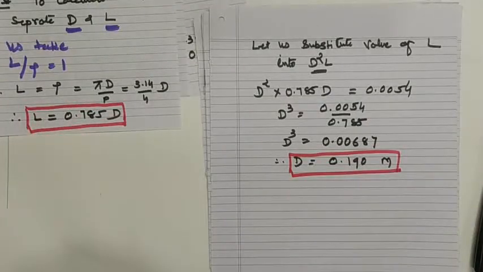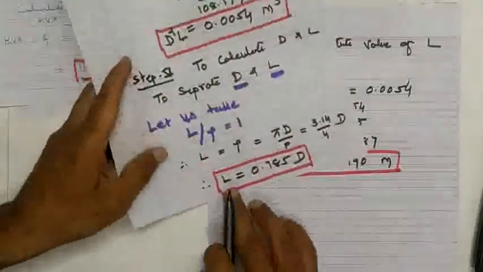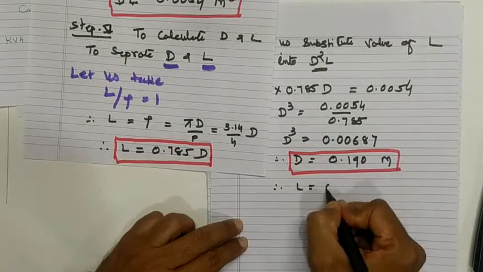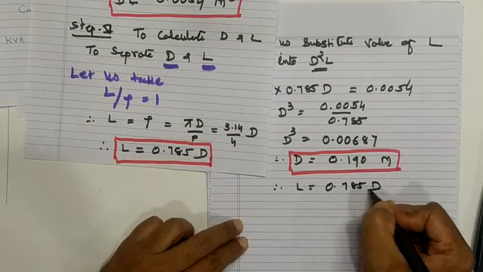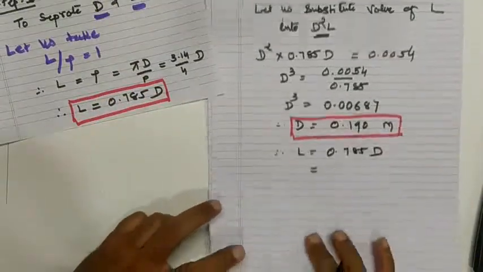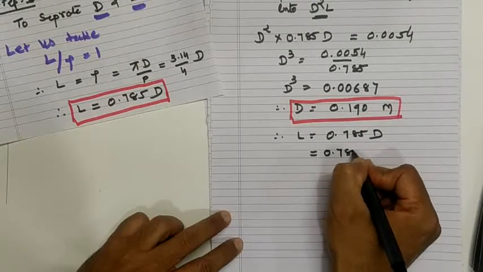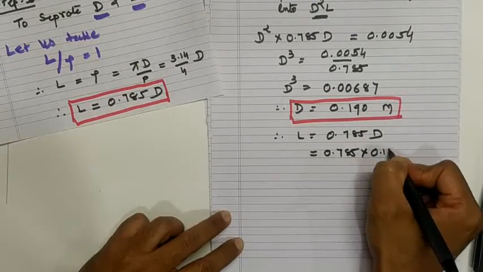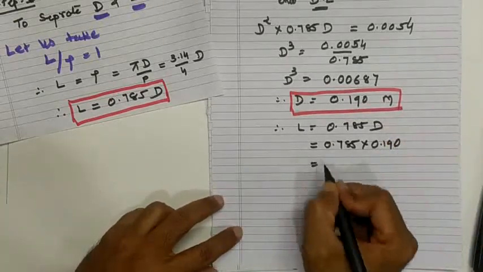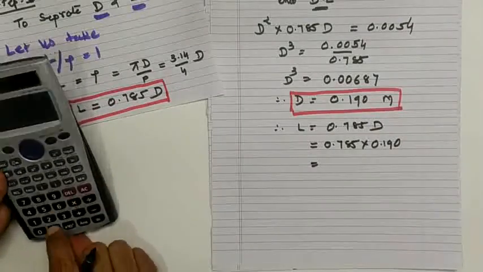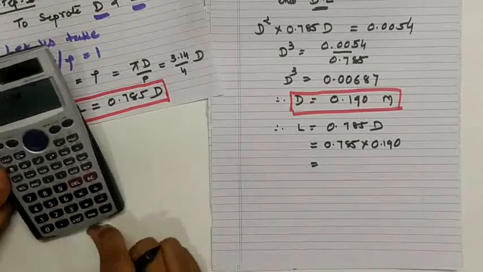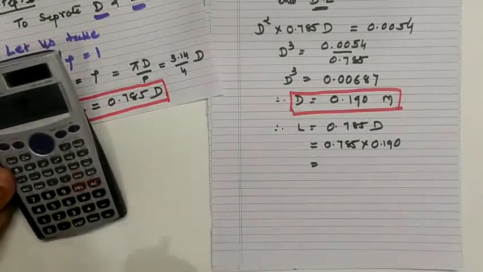Based on this value of D, previously we derived the relationship L is equal to 0.785 D. Substituting the value of D, 0.785 multiplied by 0.190 comes to 0.149.